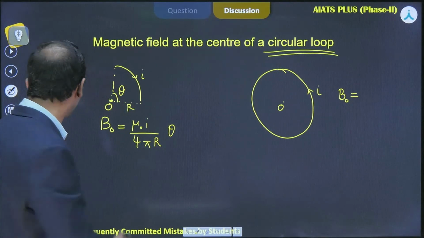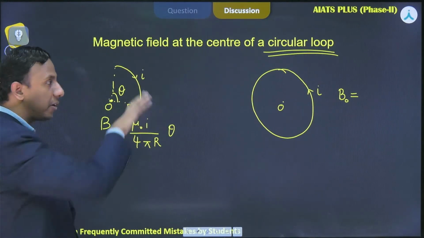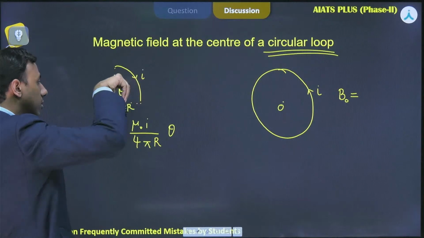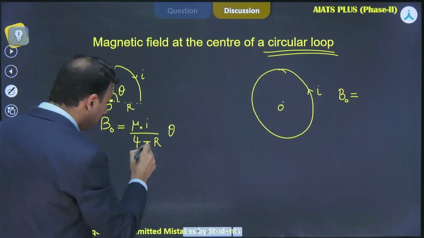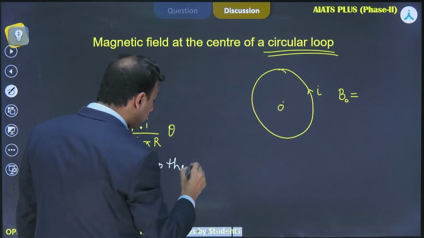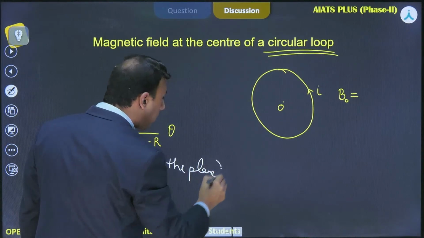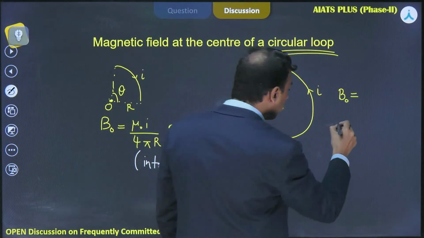What is the direction? Remember, current is flowing like this. So curl your fingers along the current, thumb points in the direction of magnetic field. So magnetic field is into the plane. Same over there as well. Or let's see, it might be different. If you curl your fingers, it is out of the plane. So here it is out of the plane.